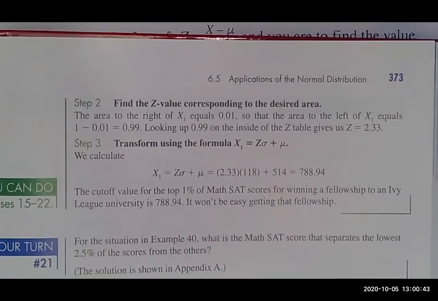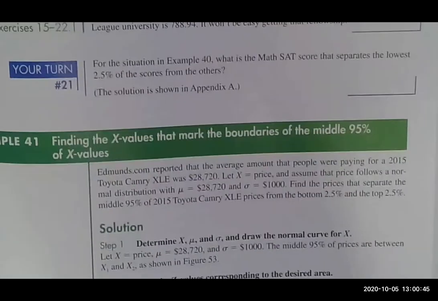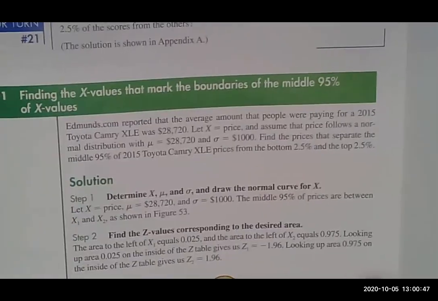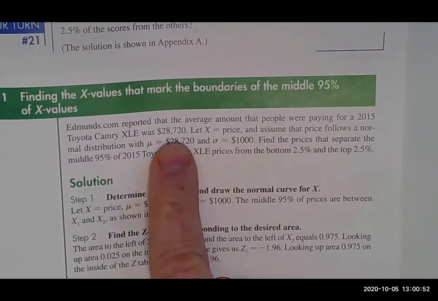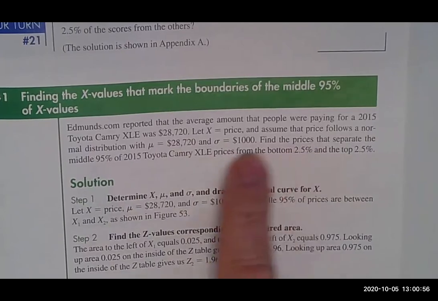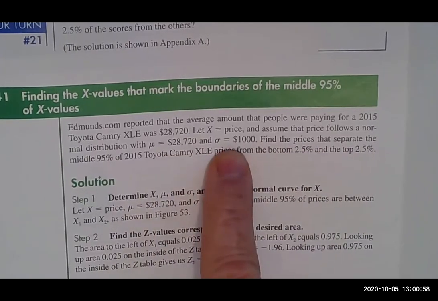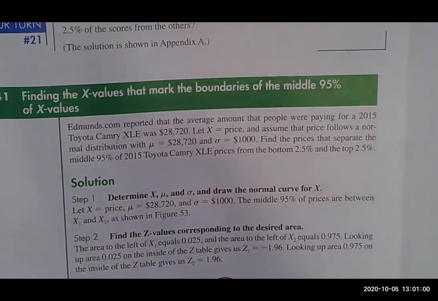Here's something else on the next example. Average amount. Okay, so they tell you the average amount, that's your mu. And there's your standard deviation. So you draw a bell-shaped curve.